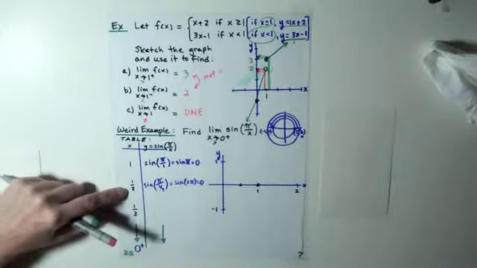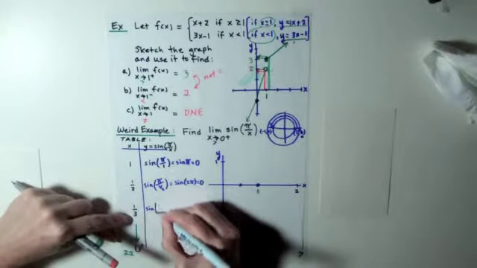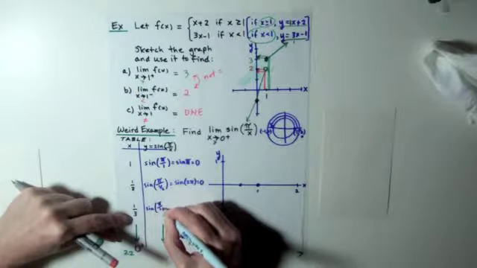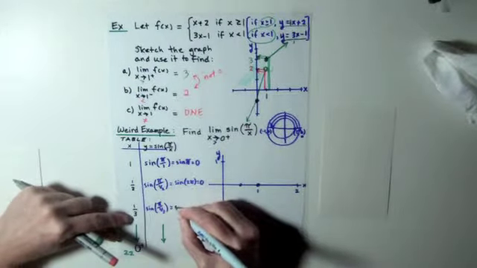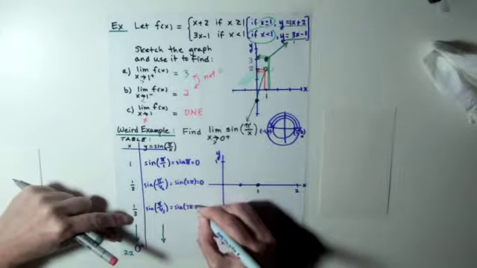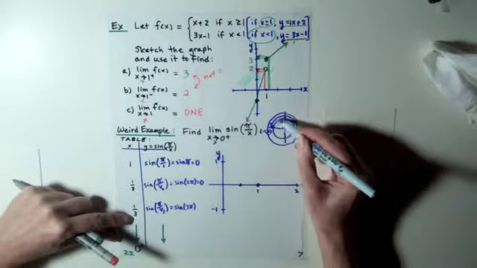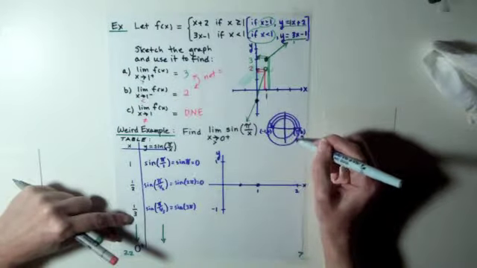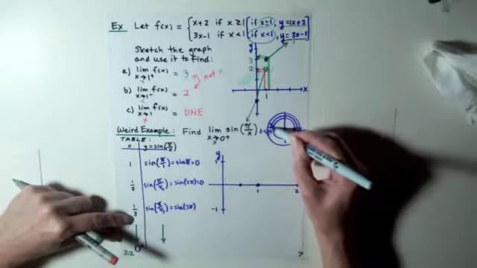If I plug in a third, I would have sine of pi over 1/3, that would be the same as sine of 3 pi, if I invert and multiply. Sine of 3 pi, I go around one full revolution, 360 degrees, plus an additional 180 degrees, and I'd be back to this same point on the unit circle.